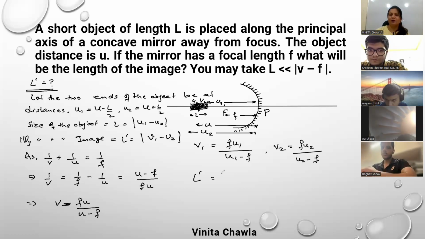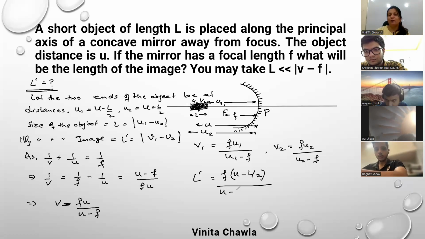For v1 I'm going to write f, and for u1 is u minus l by 2. So wherever I have u1 I'll write u minus l by 2. In the denominator again we have u1, so we'll write u minus l by 2 minus f. Okay, so this is your v1, and v2 is this fu2 upon u2 minus f, so minus v2.